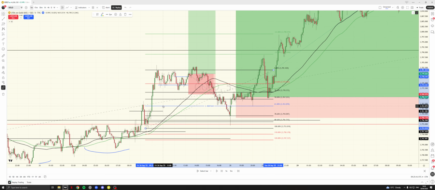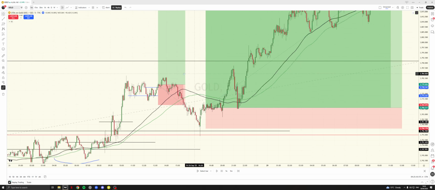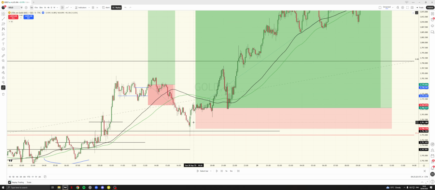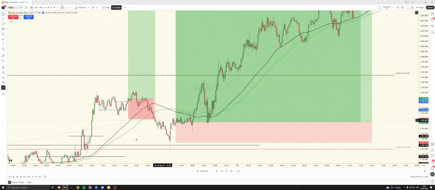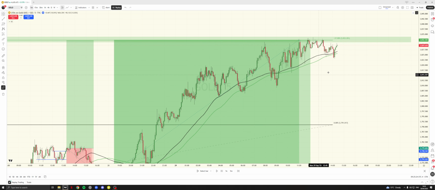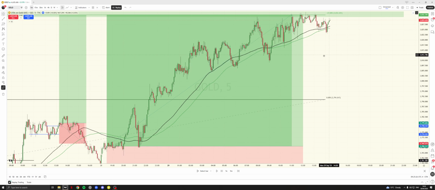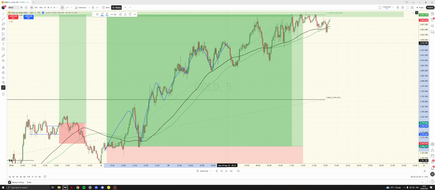Still didn't break this 5-minute structure, so that's why I entered off of a 30-minute bullish engulfing at the bottom here, and that's how I won this trade in specific, because I'm sticking with the bullish trend from that 38.2% retracement from earlier on.